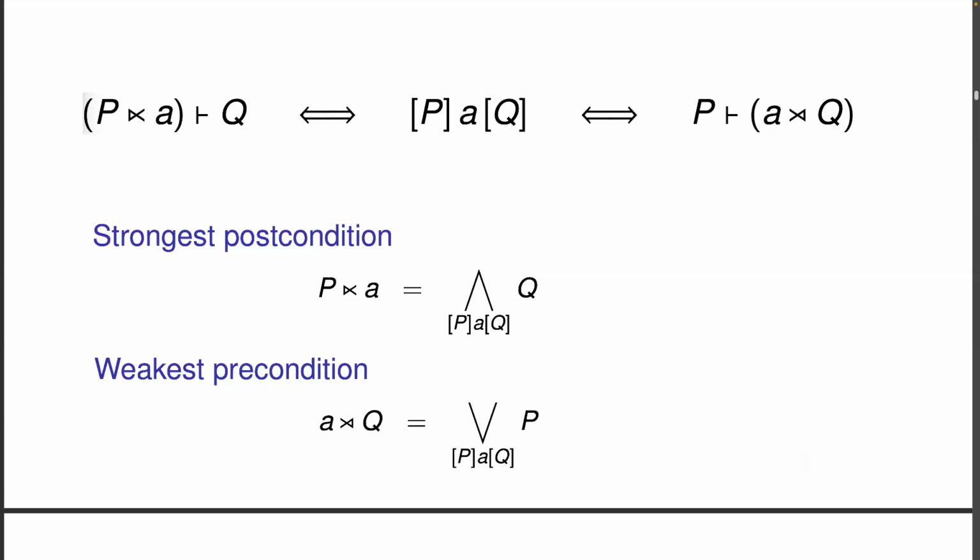And the weakest precondition is the disjunction of all preconditions that need to be assumed in order to guarantee that Q will be valid after I run A. So it is the disjunction of all P's such that P A Q holds. I'm having trouble translating this into English, but I'm hoping that you're not having trouble reading. Is this clear? All right.